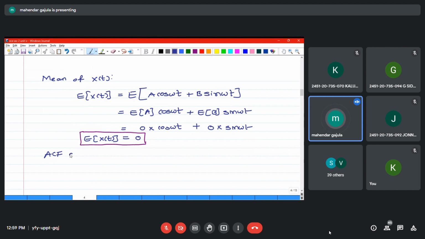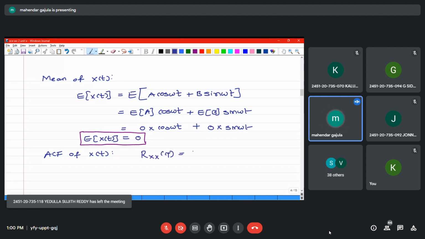Next, let us find out the autocorrelation function, ACF of xt. What is the autocorrelation function? Rxx of tau is equal to expectation of xt times xt plus tau.